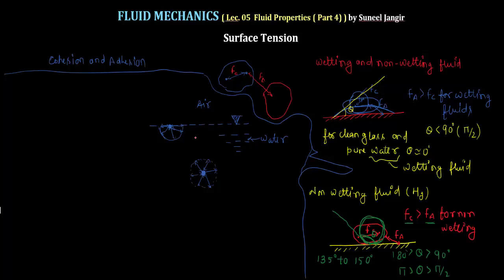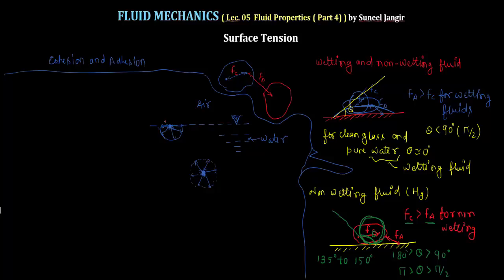So why? If this molecule wants to be in an equilibrium state here, it requires some extra energy to hold itself here. So this molecule will expend some quantum of energy to balance itself or to maintain an equilibrium state.